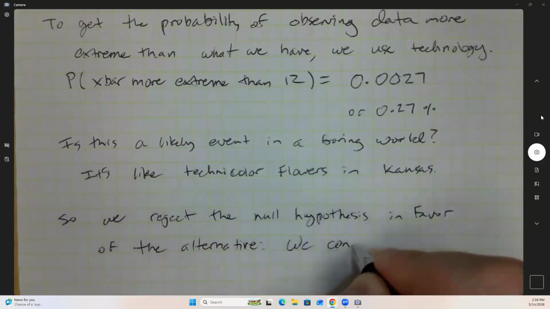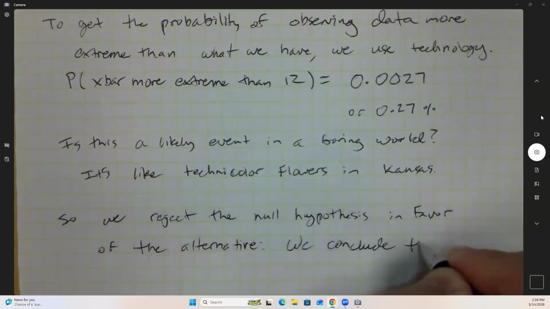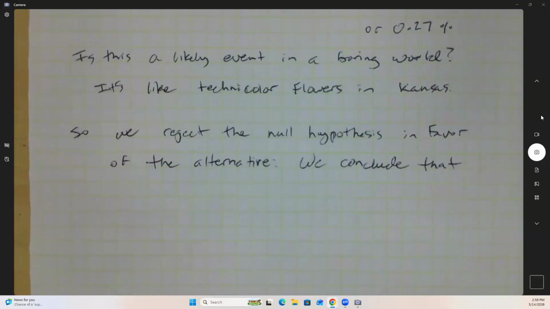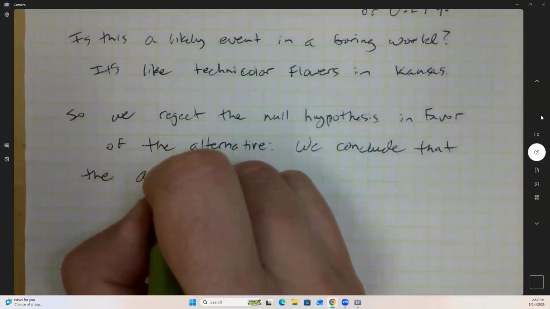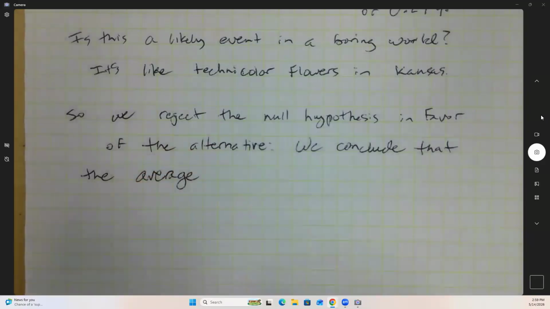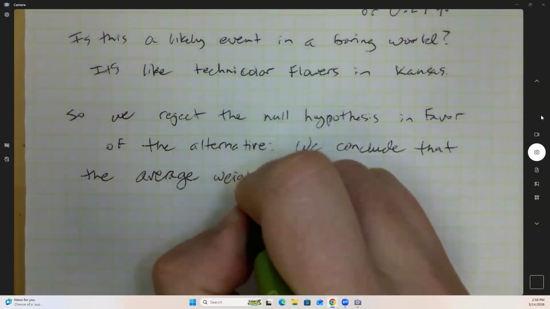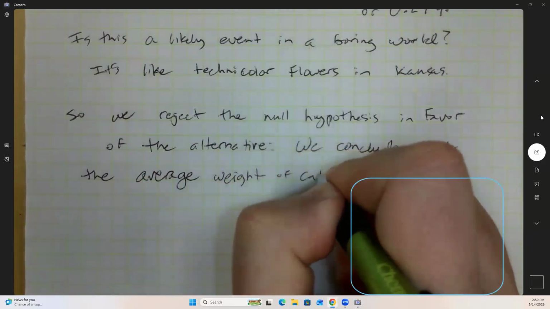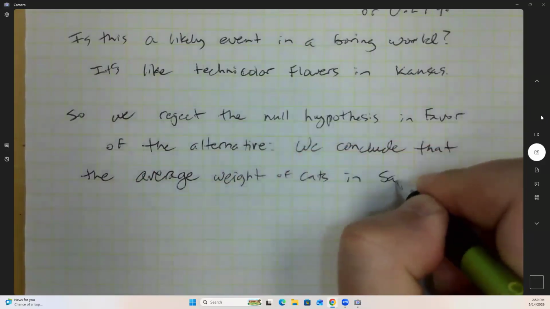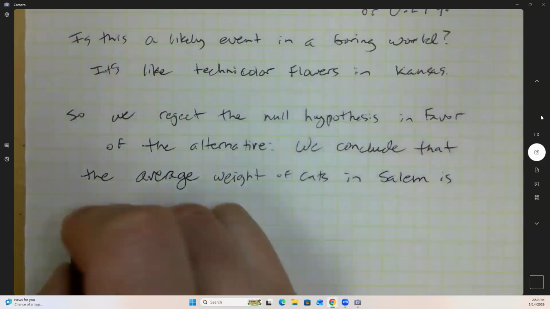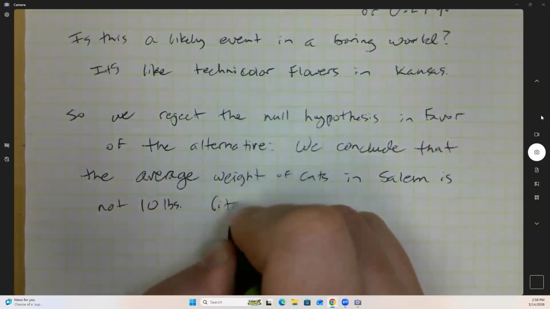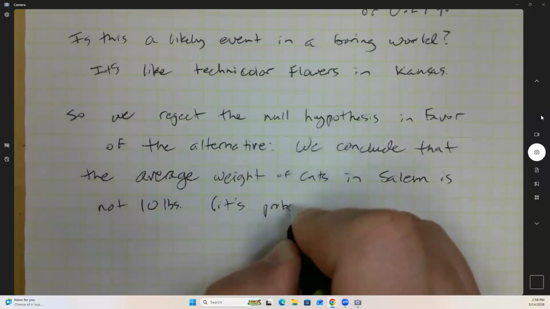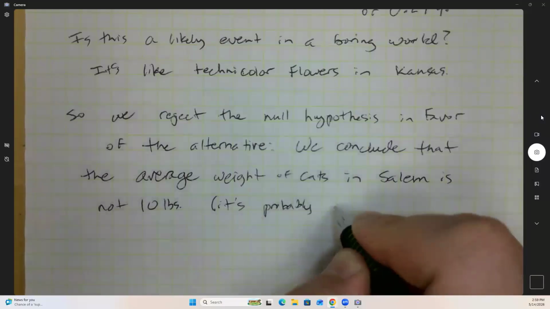We conclude that the average weight of cats, at least in Salem, is not 10 pounds. It's probably more because that's what our data said.